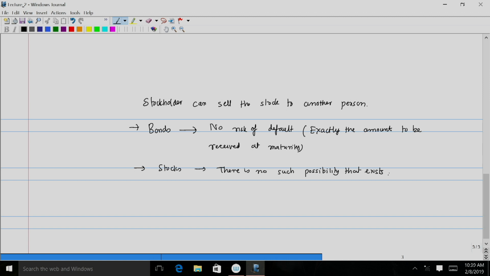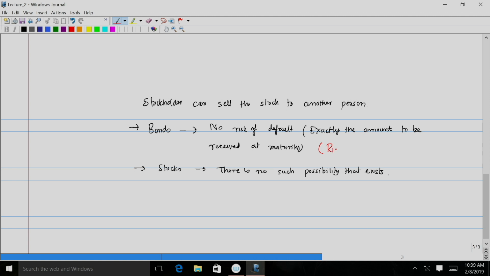The reason is that you do not know how much dividend you are going to get, and secondly, it cannot be predicted right at the beginning how the company is going to perform, which is eventually going to affect the price of the stock. So because of this, a bond is typically considered risk free, assuming that there is no default, and a stock is always considered a risky asset.